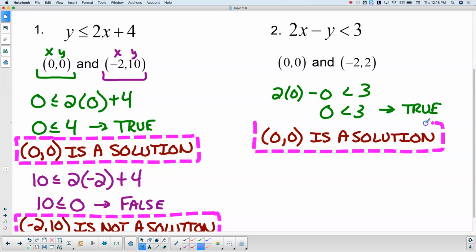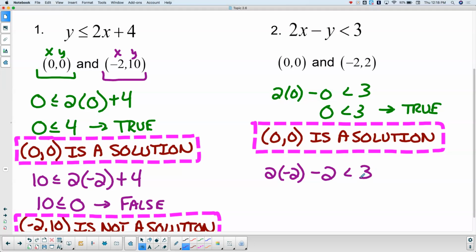Anybody back me up on that one? Yes. Okay, good. I get then that 2 times negative 2 minus 2 is less than 3. Negative 4 minus 2 is negative 6 is less than 3. I get that's true. So I get that they're both solutions. Agree with me on that? Yes. Sweet!